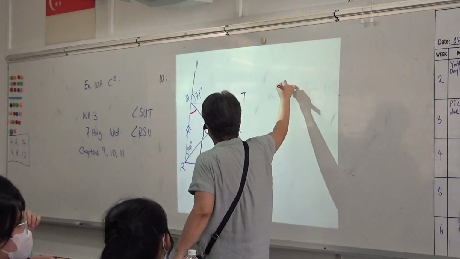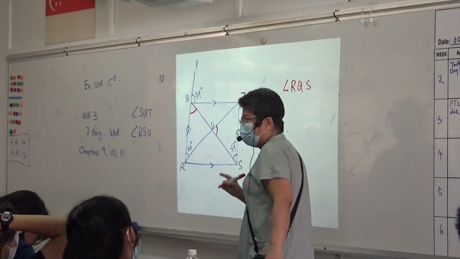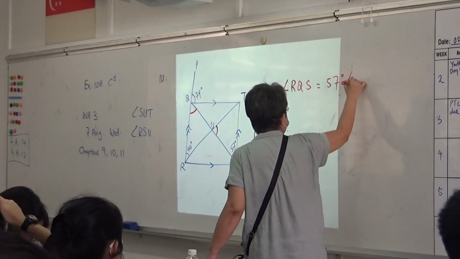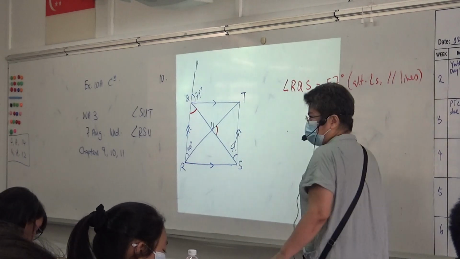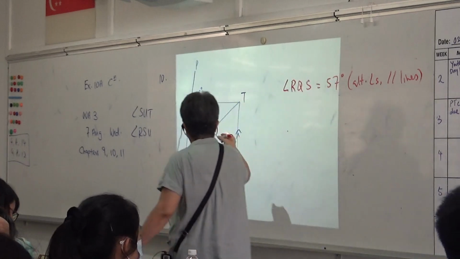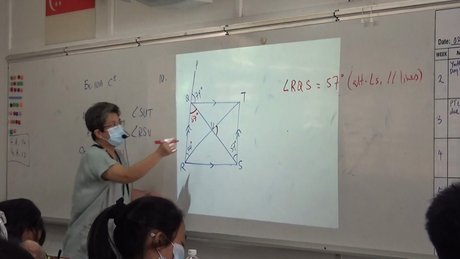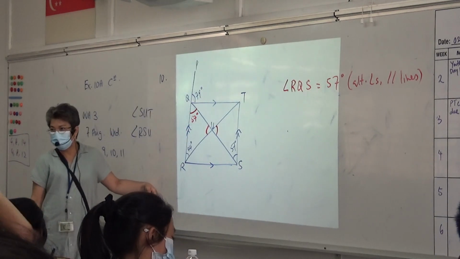Let's take a look. Angle RQS, must label properly, is equals to 57 degrees. Alternate angles, parallel lines, correct? Must write this, okay? So, this one already 57 degrees. Now, am I able to find this one? Can I find this one?